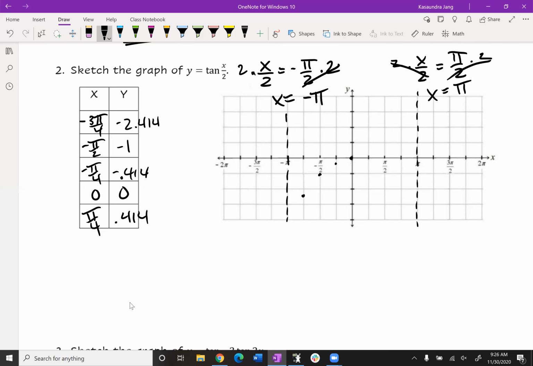Okay, so if I keep this going, if I go to a positive pi halves, I'm probably going to get a positive value of my negative pi halves y value, a positive 1. And if I go to a positive 3 pi fourths, it's probably going to be a positive 2.414.